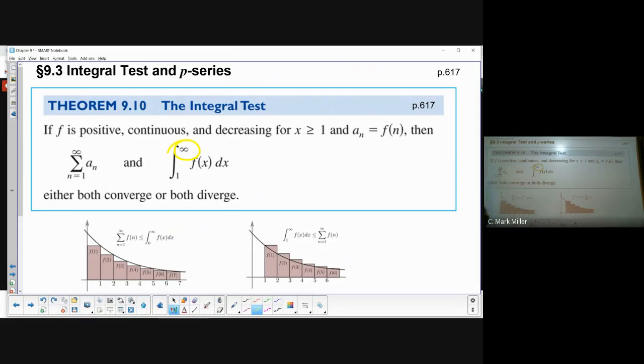By the way, an extension of this is that if n goes from 2 to infinity, it's the same thing here. It's not going to matter, because going from 2 to infinity versus 1 to infinity, you're adding or subtracting one term. So if that integral exists, plus or minus one term is still going to exist.